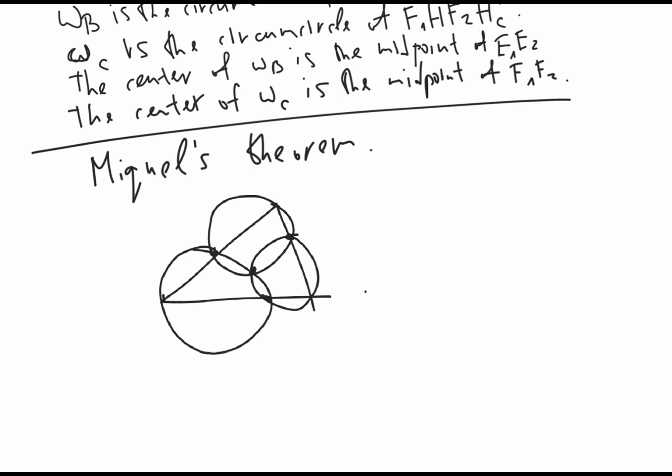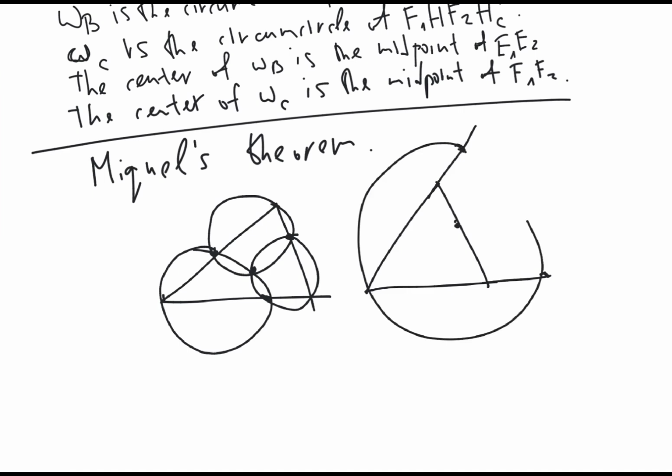So let's say if we pick these three points, something like this, then we consider the circumcircles of this, this and this.